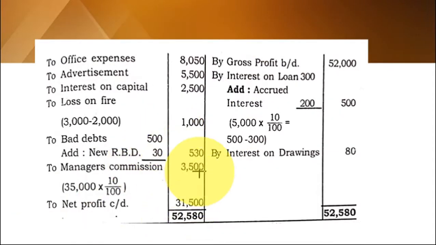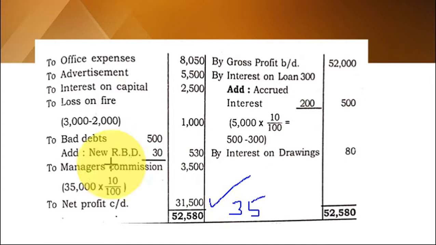See, first what we are supposed to do is make the total of both the sides, right? Net profit we have to find out. So what is the net profit? You'll get 35,000. Watch carefully, 35,000 is the net profit.